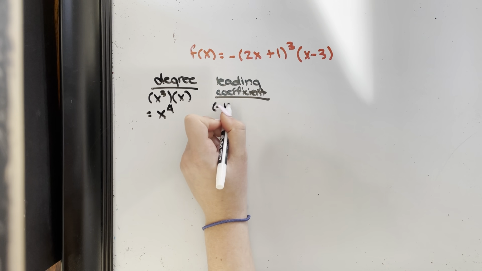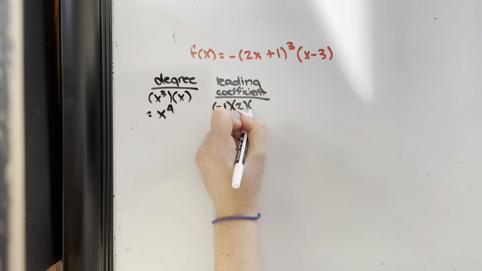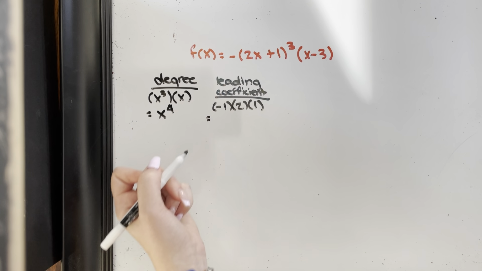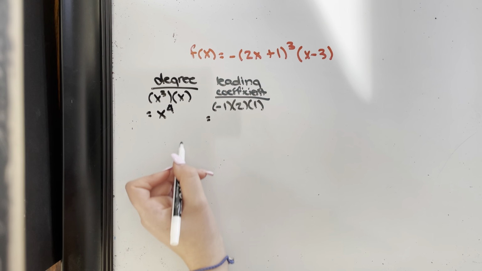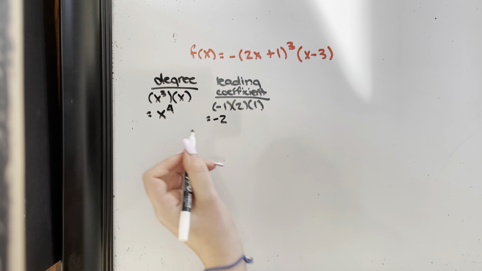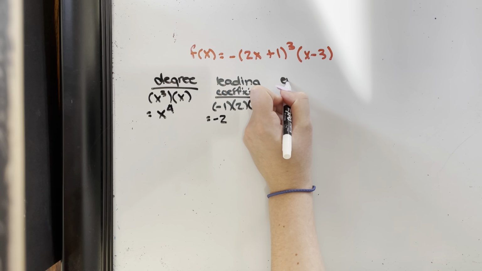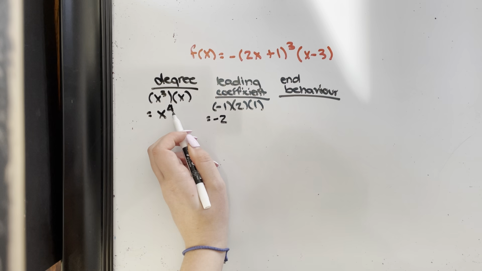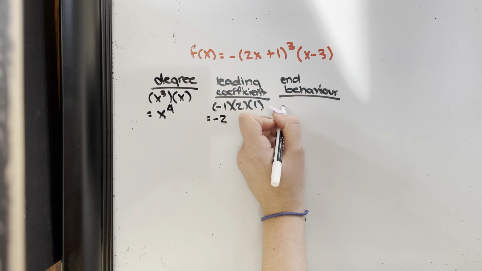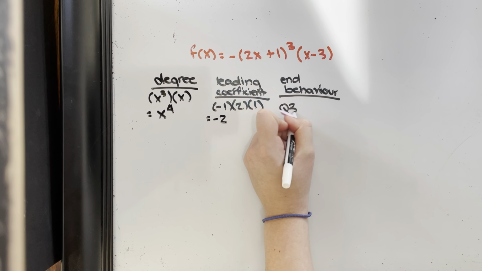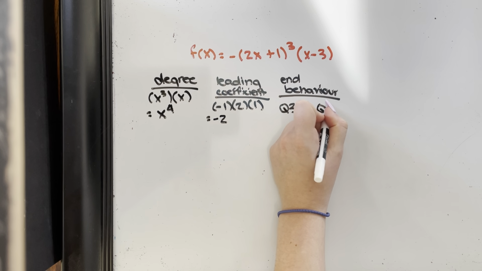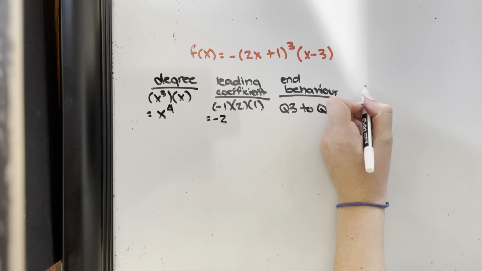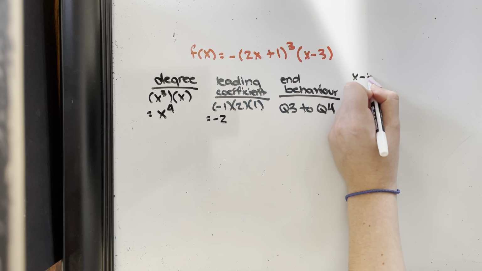So we have a -1, 2, and a 1. So the leading coefficient for this one is going to be -2. And now the end behavior. So since the leading coefficient is negative and the degree is even, the end behavior is going to be quadrant 3 to quadrant 4.